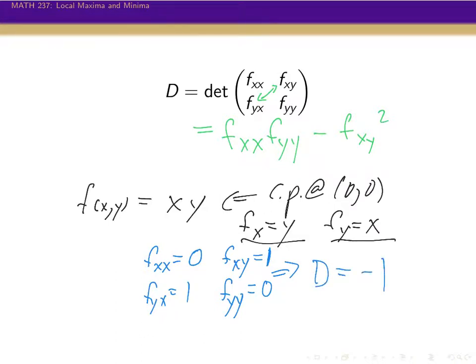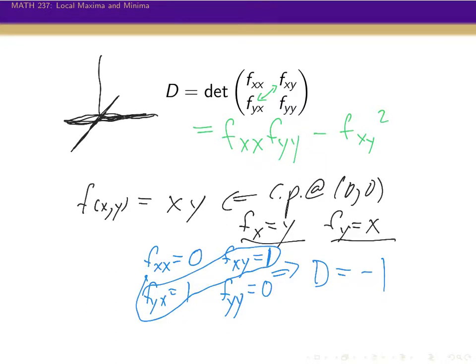And so this is a case where these mixed partials are dominating over f_xx and f_yy. And if you wanted to think about what the graph of the surface looks like, well, on the x and y axes, this function is actually identically 0 on the two axes.